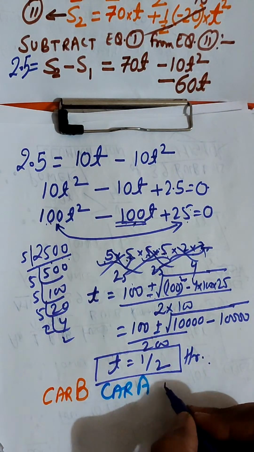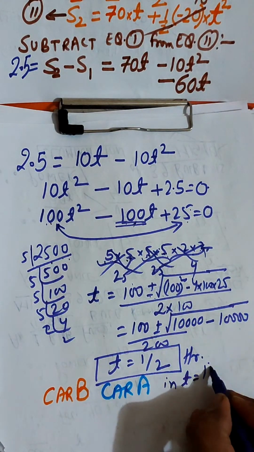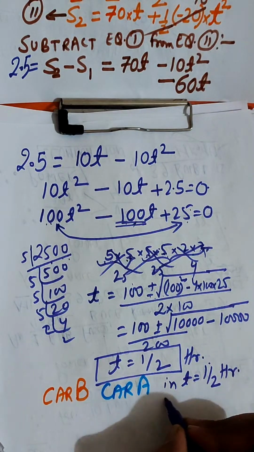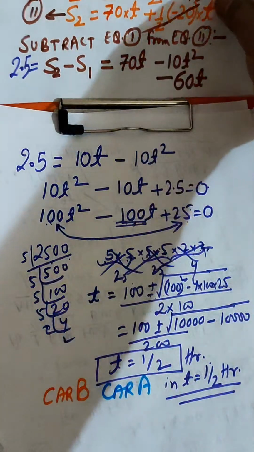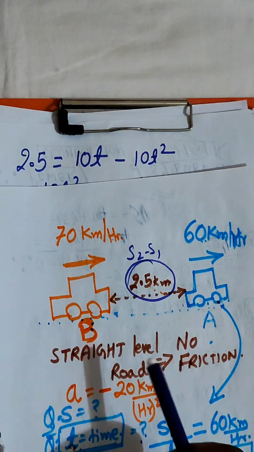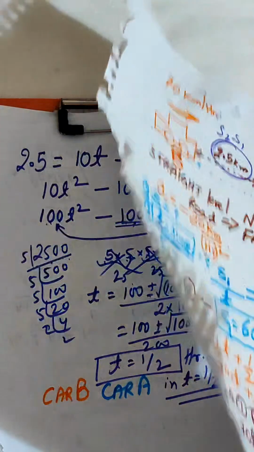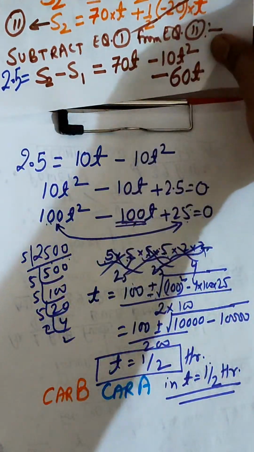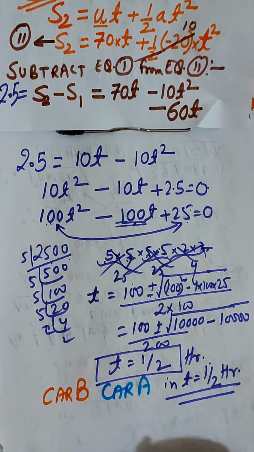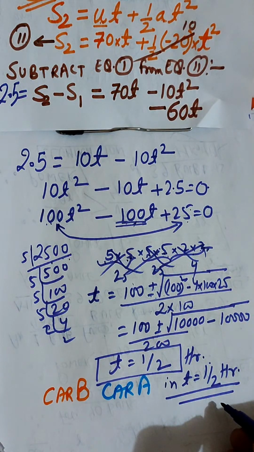In t equal to 1 by 2 hour. That means in half hour this car B will be catching car A, right? This is the answer which we have derived, right? Now this is the first part of the question which is calculated, right?